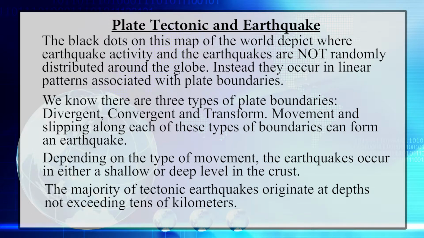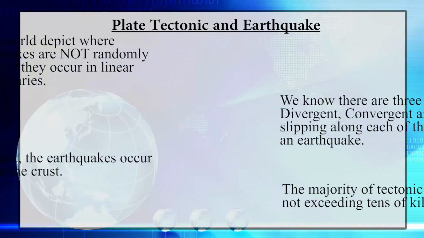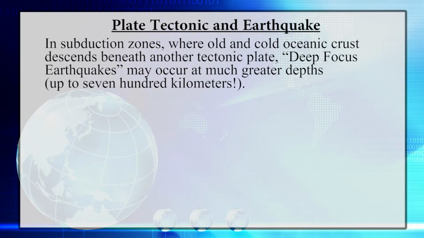The majority of tectonic earthquakes originate at depths not exceeding 10 km. In subduction zones, where old and cold oceanic crust descends beneath another tectonic plate, deep focus earthquakes may occur at much greater depth, up to 700 km.